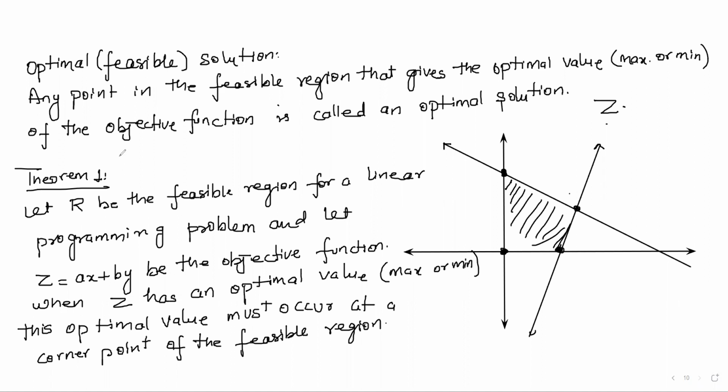So this is theorem one, that the maximum or minimum value will always occur at the corner points. Next, we have theorem two. Sir, could you go to the previous slide? Just a minute. Yes, Nabil.